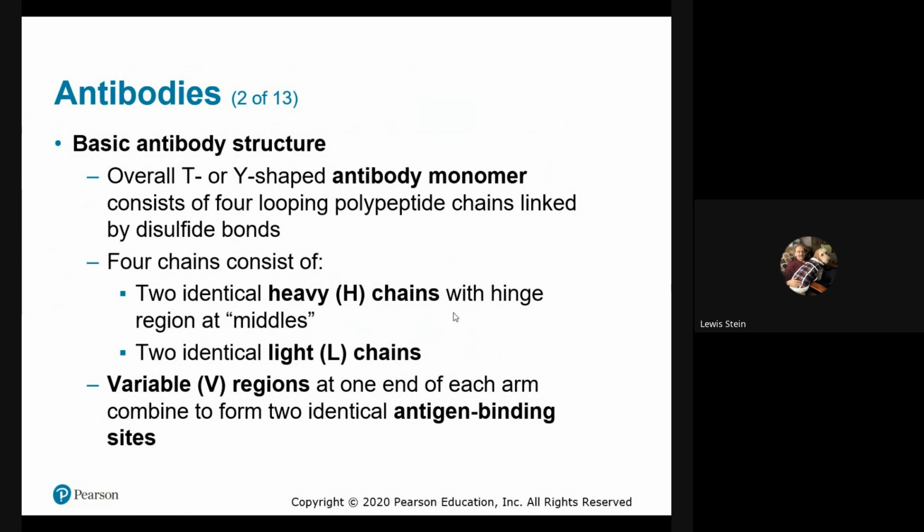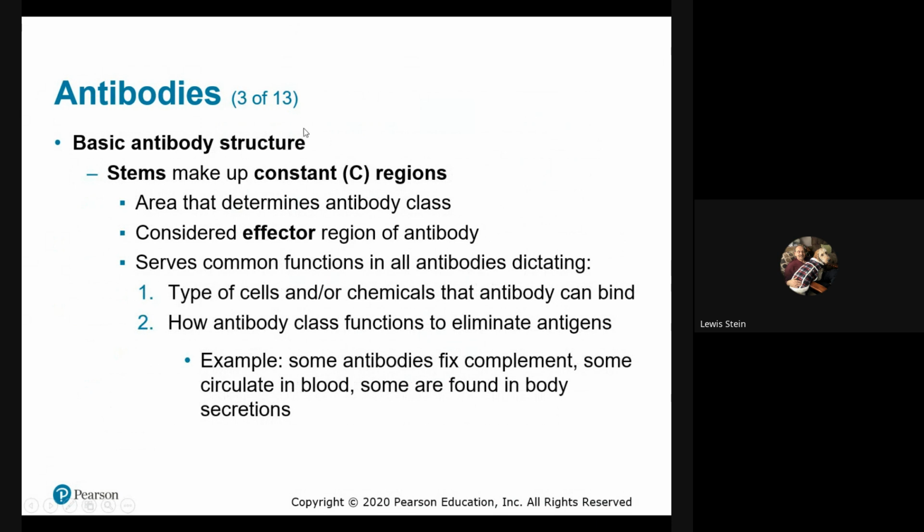You have a constant region at the base of the T or the Y, but at the wings, you have a variable region, and that's what is fashioned, from the standpoint of the polypeptide chains, specifically to attach to the antigenic portion of, let's say, the invader, the virus, the bacteria, the altered cell, etc. They call this the effector because it really determines the classification of the antibody and the things that it does effectively.